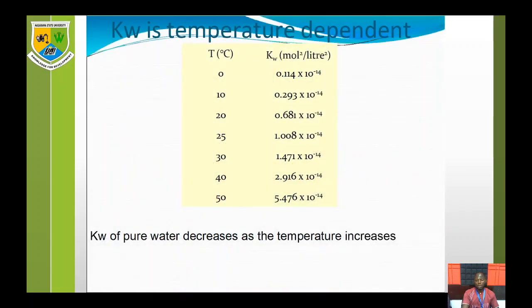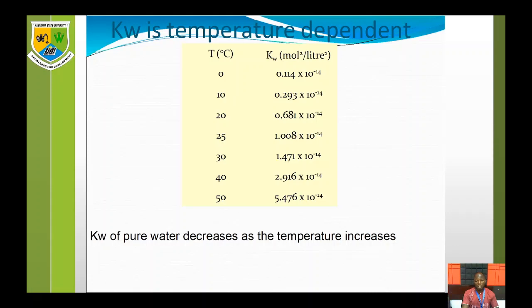Temperature affects pH. That is why you have different temperature ranges and their corresponding equilibrium constants of water.